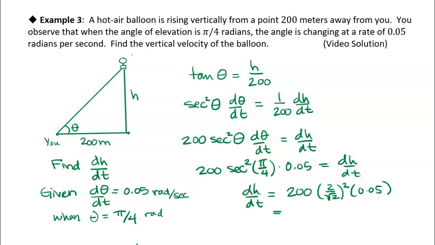You can actually do this without a calculator, but I'd probably let you use a calculator on this one. Now the units are going to be meters per second, right? Because our height was given in meters and d theta/dt was in radians per second, so we're going to have meters per second. So that's telling us that the balloon is rising at 20 meters per second, given the information about the rate at which the angle of elevation is changing.